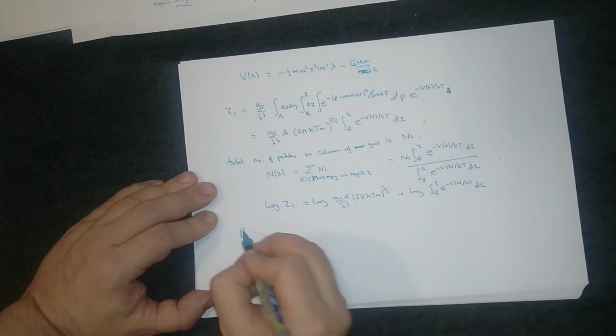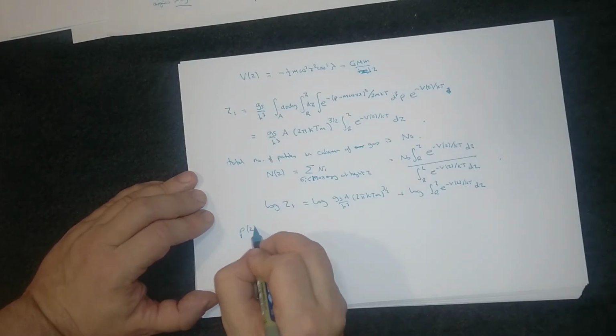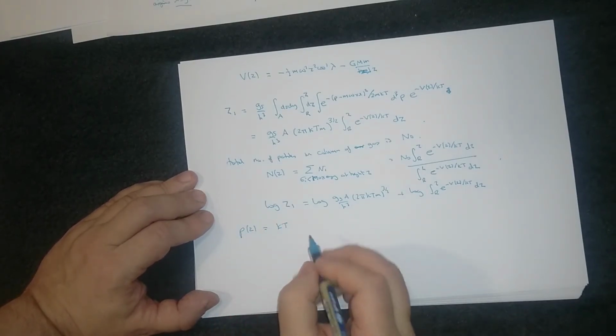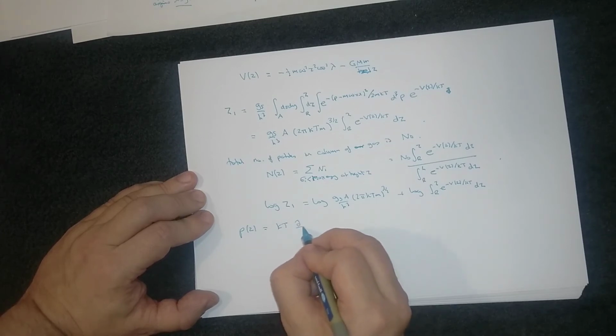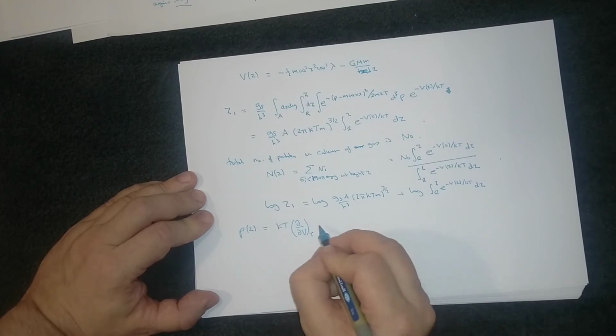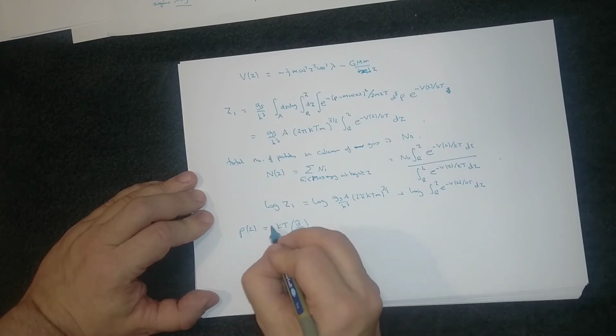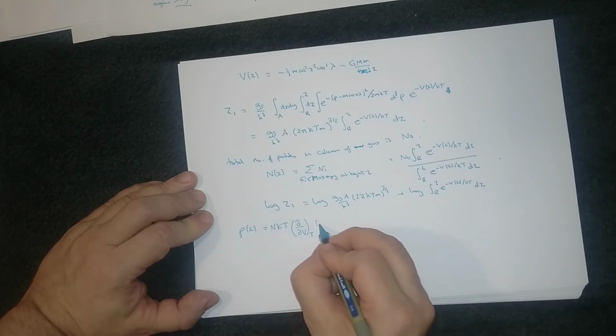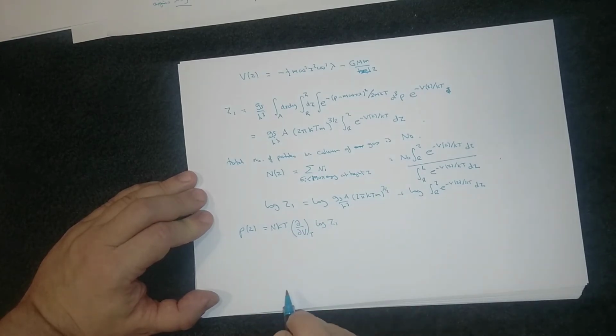So pressure at height z is kT d by dV at constant temperature, let's put an N there, times log Z1.